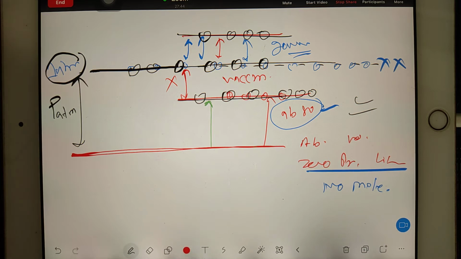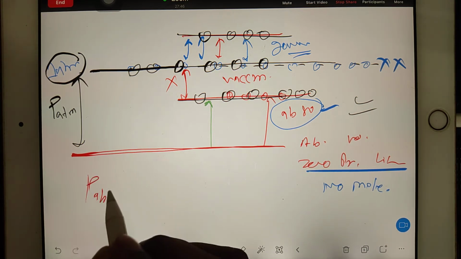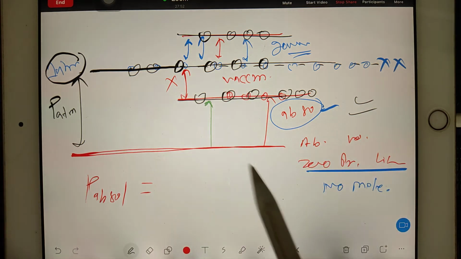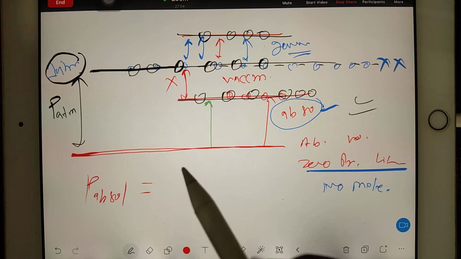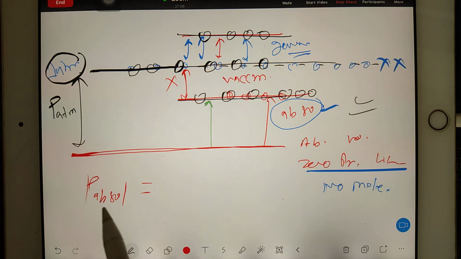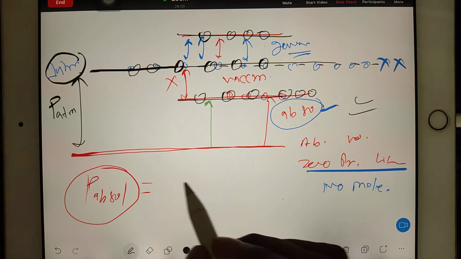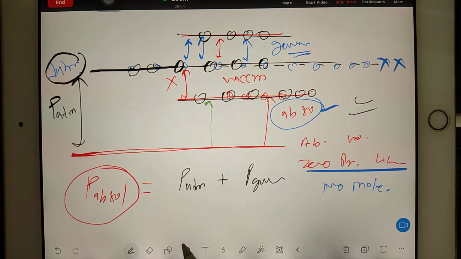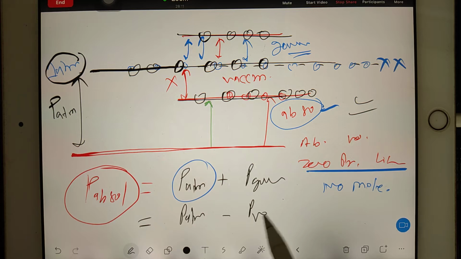But the only point is, if you want the absolute pressure formula, you have two ways: either your pressure is more than atmosphere, or your pressure is lower than atmosphere. Whatever the final pressure is, you will call it absolute pressure. That means P atmospheric plus P gauge. Atmosphere is always there. In the same way you can say P atmospheric minus P vacuum.